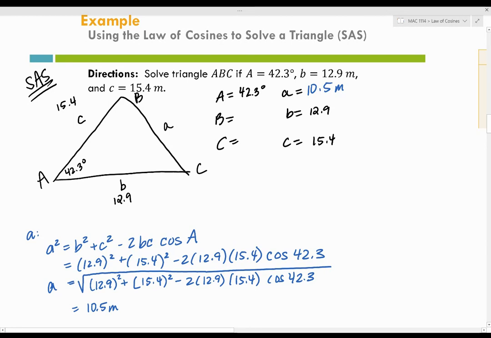If we're looking at our sides A, B, and C, 15.4 is the largest, which means angle C is going to be the largest angle. Then 10.5 and 12.9, 12.9 is the middle one. So between B and C, B is going to be the smaller of the two angles, because it's across from the smaller side.